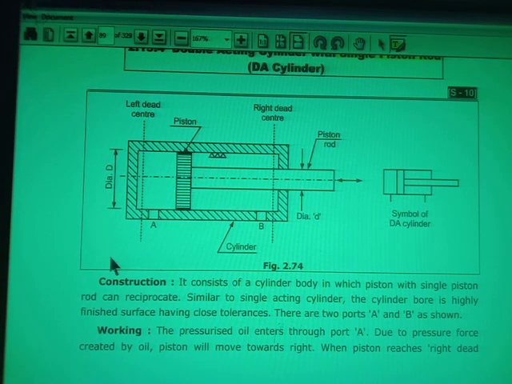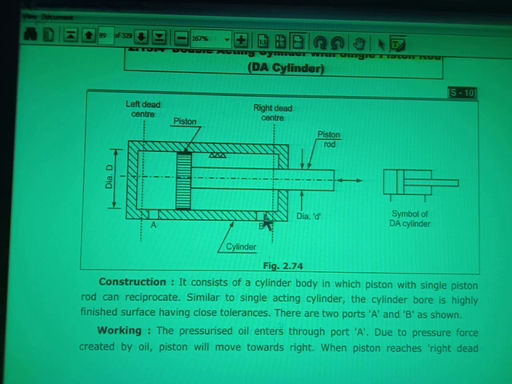Very simple. A 4x2 direction control valve is used here. When the pump is connected to port A, the pressurized oil will come here, and due to this pressurized oil, the piston will move in the forward direction. It will perform whatever work it is supposed to perform. Then afterwards, when the direction control valve is changed, the flow of the oil will change.